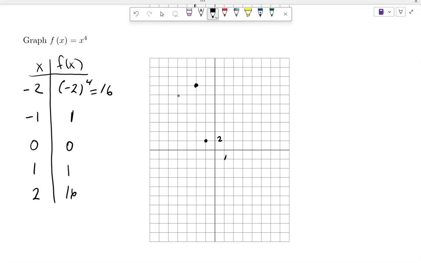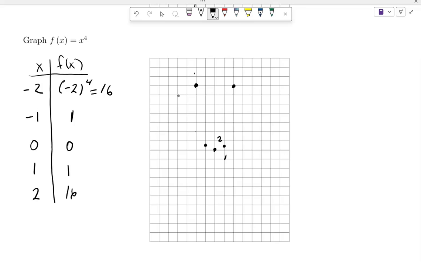Negative 1, 1 would be here. Or, sorry, I went up too high, didn't I? I said I made a scale of 2. It would be there. Would it be halfway in between? 0, 0, 1, 1, and then 2, positive 16 would be there. Okay?